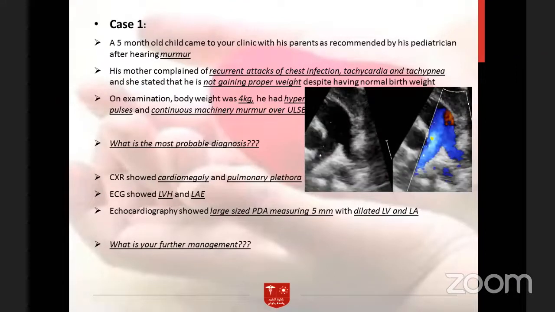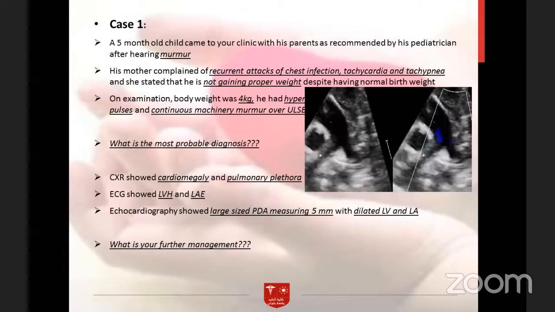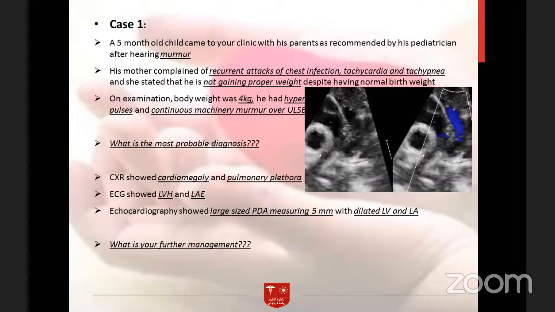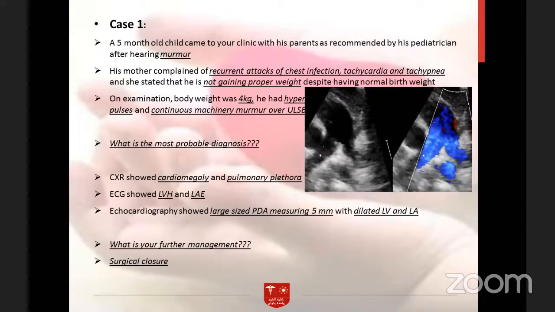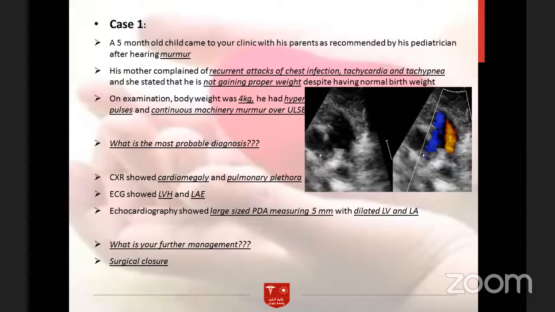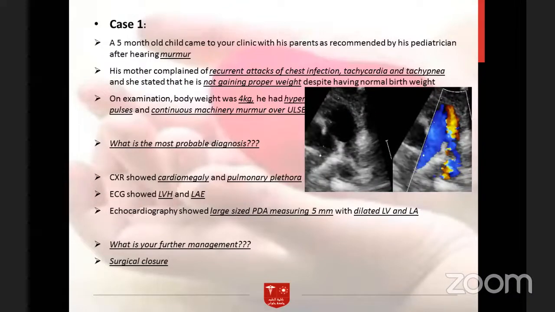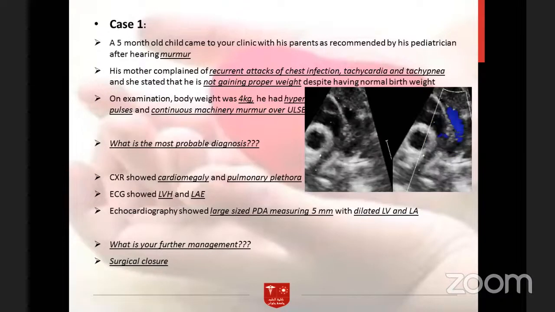And so to sum up, we have a 5-month-old child who is 4 kilograms with congestive heart failure symptoms, failure to thrive, and a large PDA. So the management will be surgical. And to sum up what Dr. Hatem just mentioned, the surgical closure could be done either through a lateral thoracotomy, median sternotomy in special cases with associated congenital anomalies, or through video-assisted thoracoscopy.